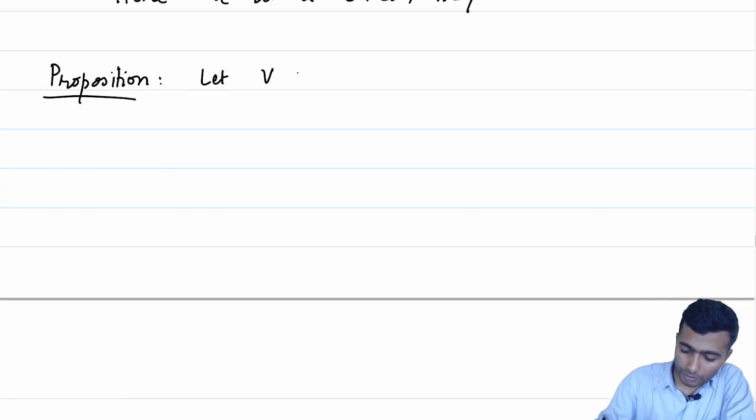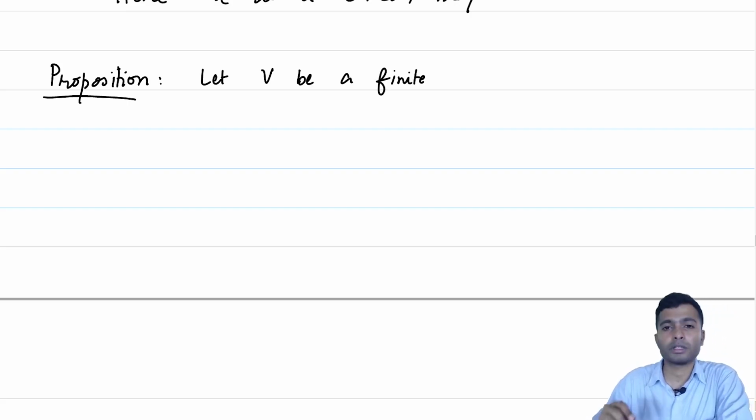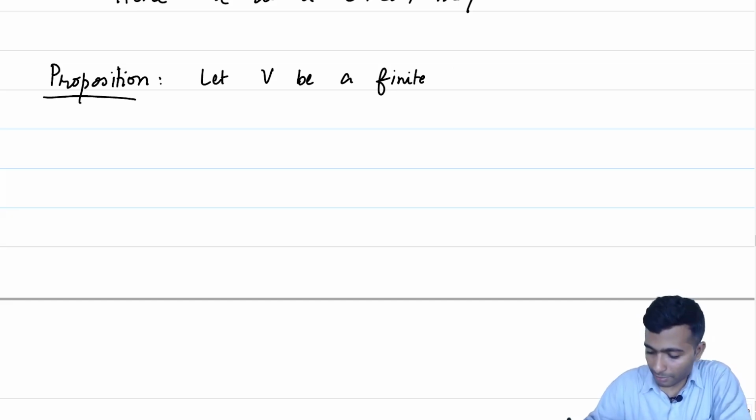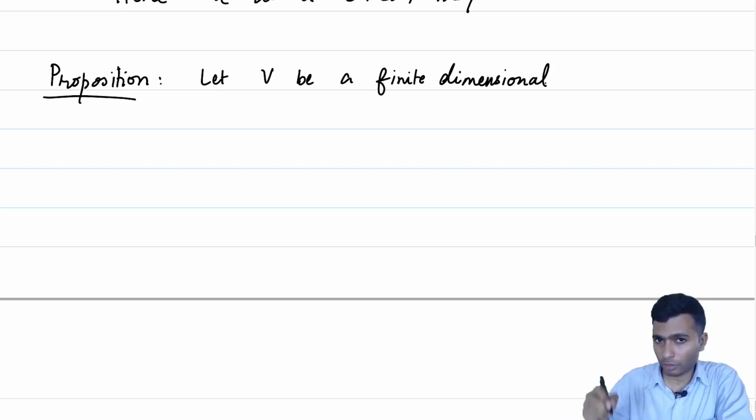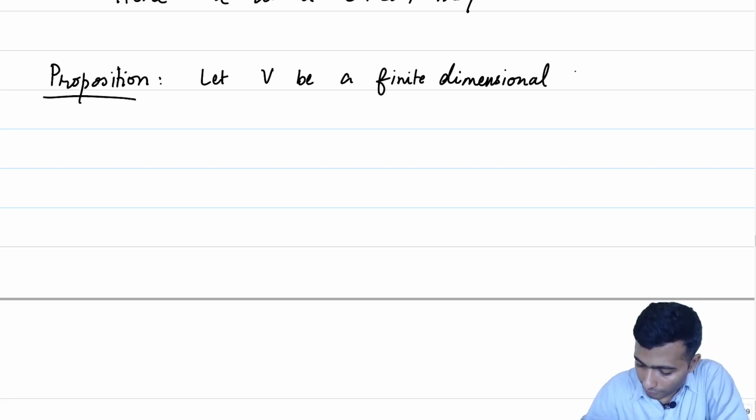Let V be a finite dimensional vector space. As you can observe, till now whatever we did, we did not demand that V be a finite dimensional vector space. I am going to demand finite dimensionality here in order to talk about dimension, which is interesting only if it is finite.